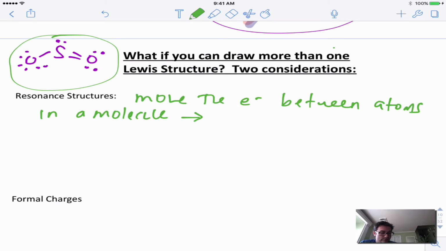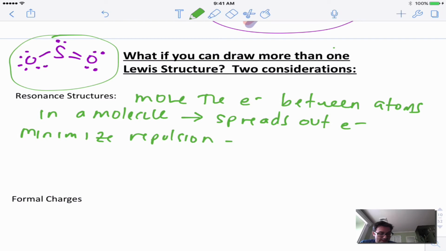And this is very important because what this does is it spreads out the electrons. And if it spreads out the electrons, that will minimize repulsion, and it leads to an increase in stability.